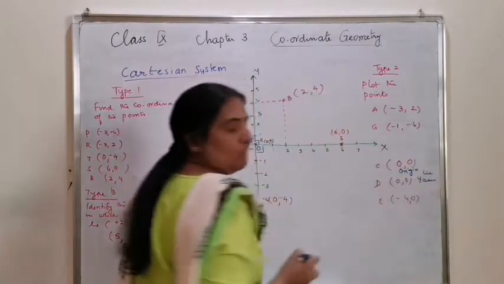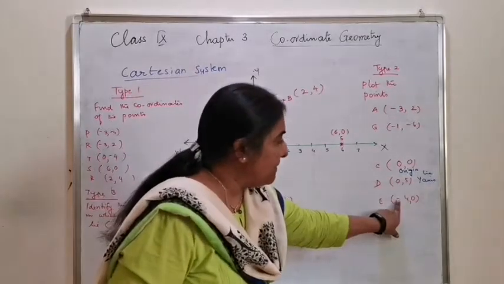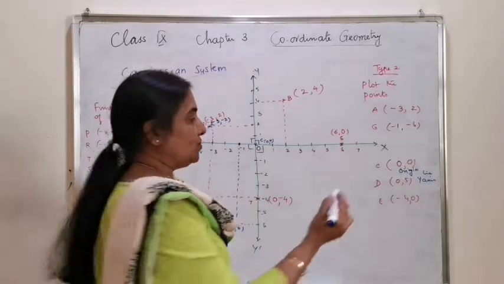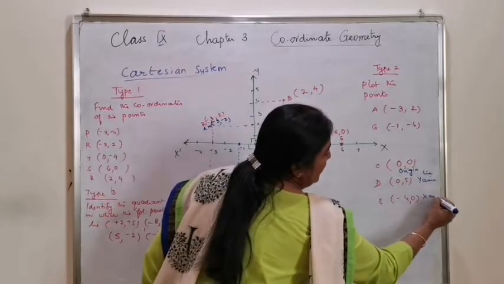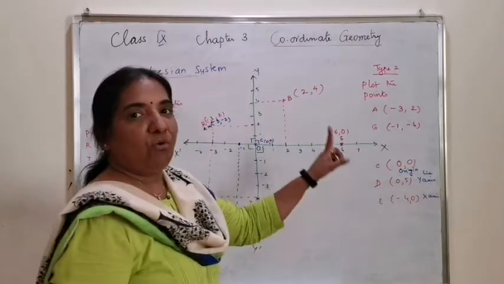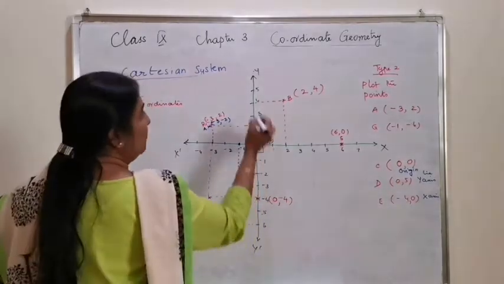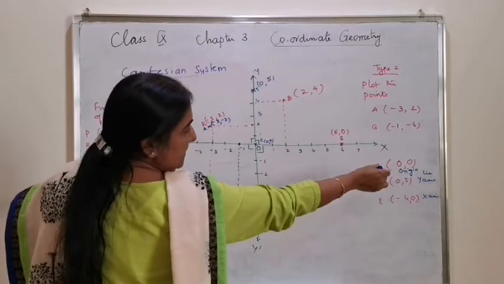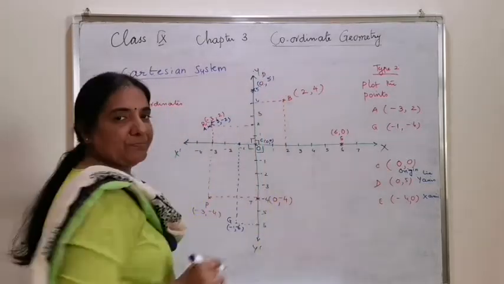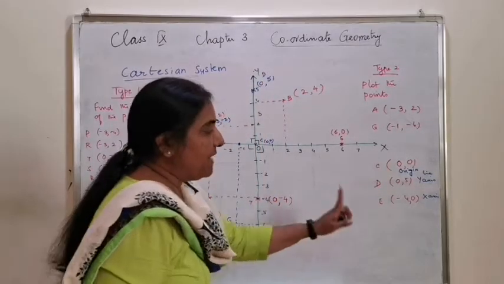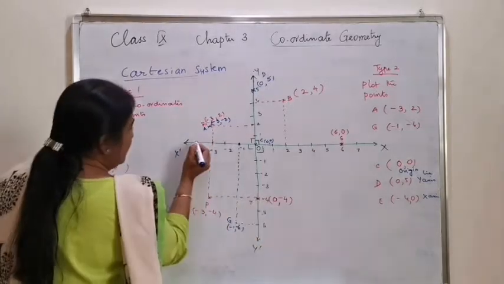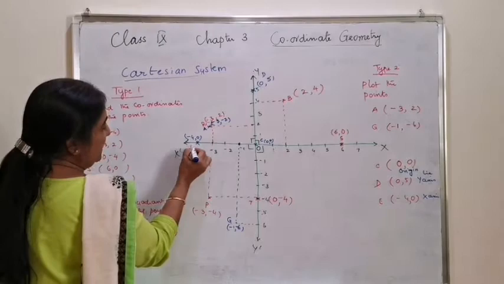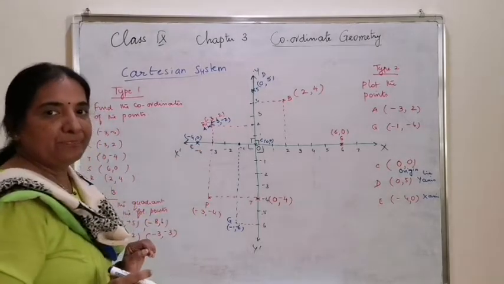It is the point D. The point (-4, 0) has y coordinate 0, so it lies on the x-axis. (-4, 0) represents the point E.